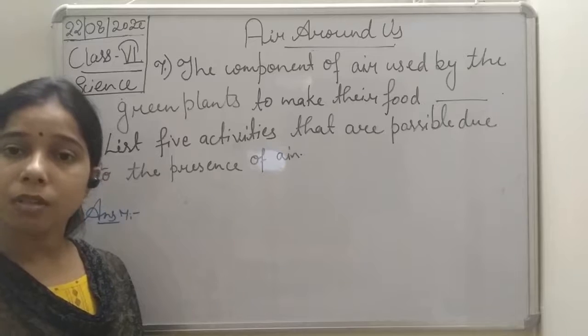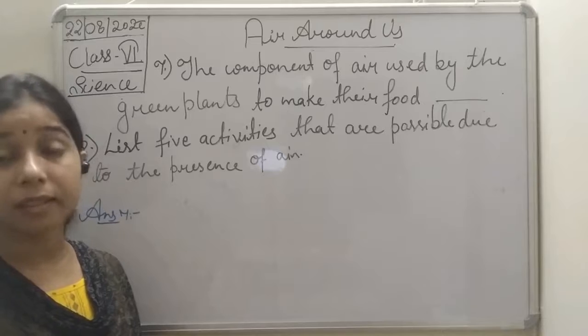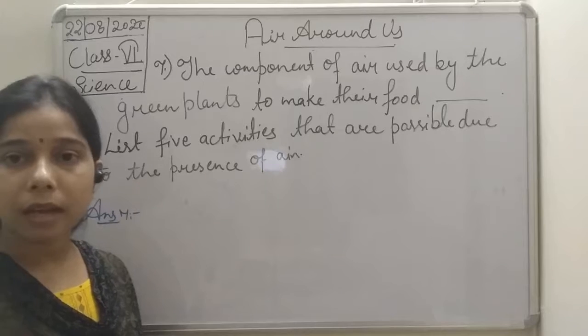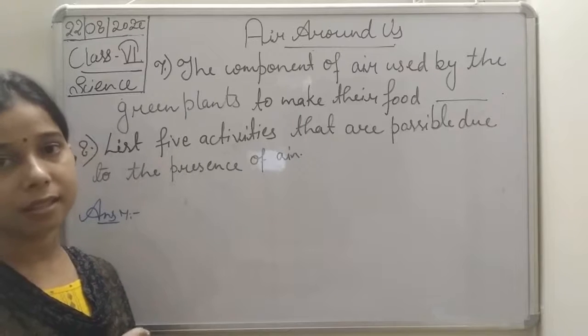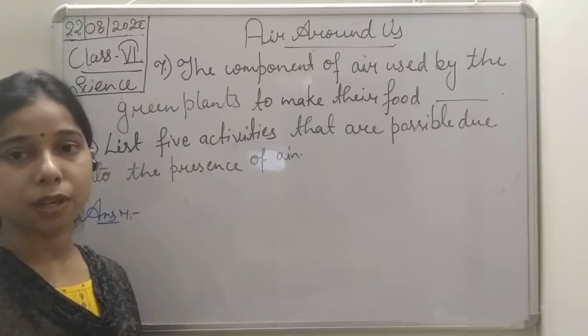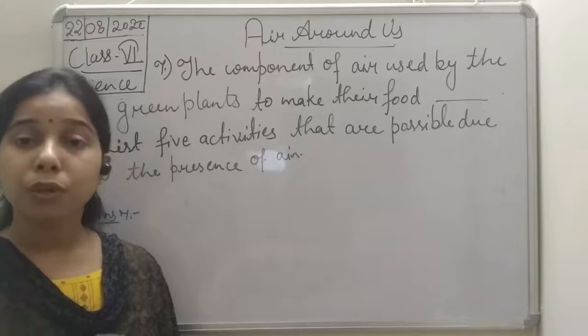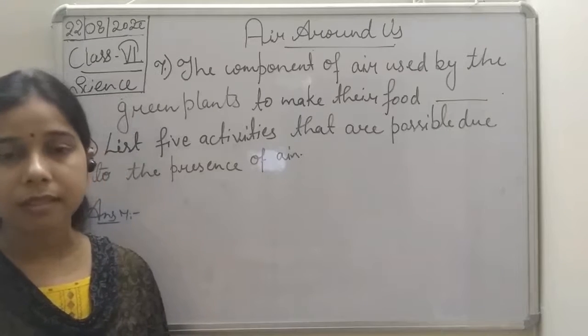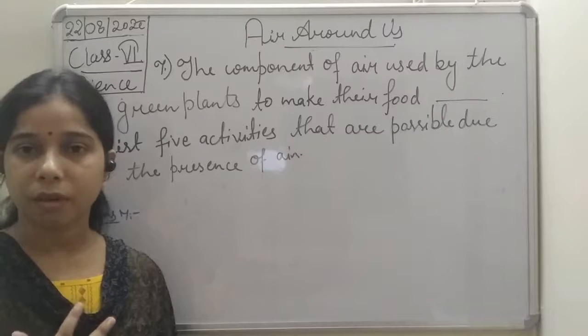The process of photosynthesis needs chlorophyll, sunlight, water, and one of the components which is present in the air, that is carbon dioxide. So you see here, students, four components are needed for the plant to carry out photosynthesis: water, chlorophyll, sunlight and carbon dioxide.